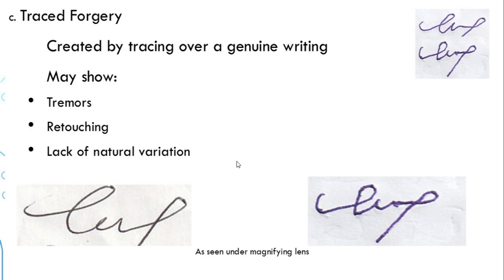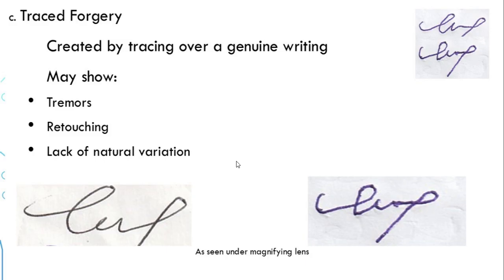They trace it, and that genuine writing or signature will be transferred to that new place. But if you look at it very well, because it's just like copying, you can see tremor there. Tremor will also appear, because the person who is tracing that indentation or the impression has to be careful.